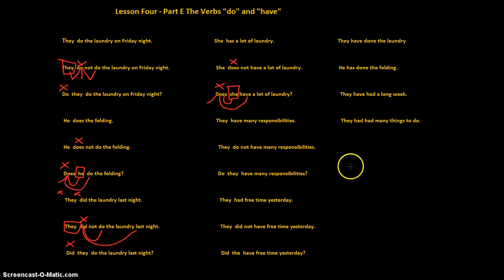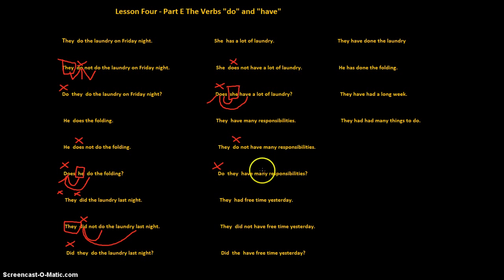They have many responsibilities. Again, a lot of people would say, oh, have is the X word. But it's not. Instead, what we need to do is we need to make it negative. They do not have many responsibilities.